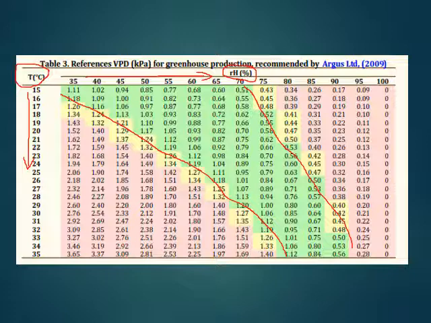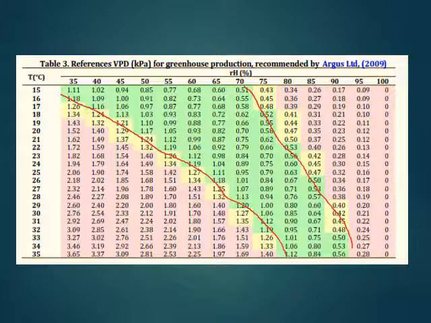I have had farms that struggle with powdery mildew because they don't understand VPD. They use VPD, but they don't use relative humidity.